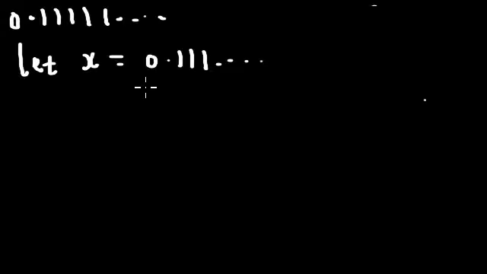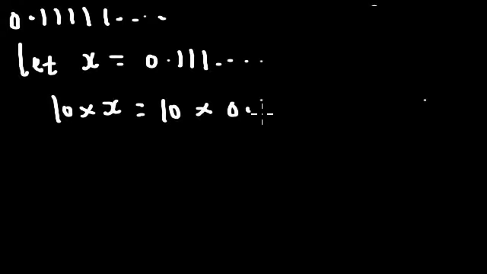When we consider examples that involve 2 digits repeating, we won't multiply by 10, but something else. But that is not for this video. So multiplying both sides by 10, we have 10 times x equal to 10 times 0.1111 repeating.